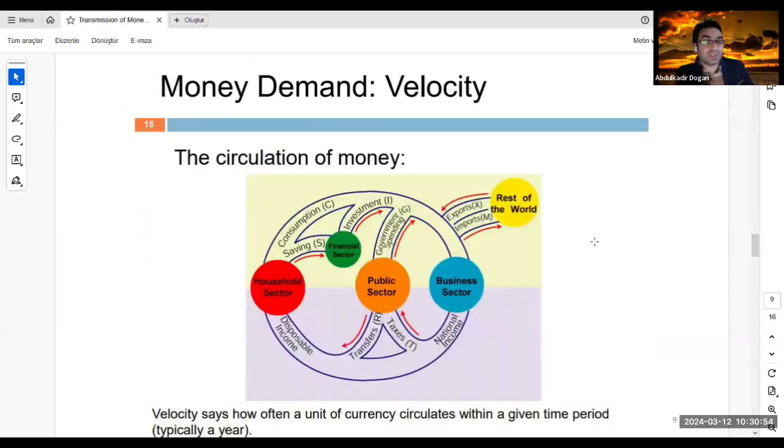If I try to see how money demand and velocity can affect prices and inflation, let's look at the circulation of money in this cycle. This is the household sector, this is the public sector, and this is the business sector. Households, if they have money, will either consume or save and invest.